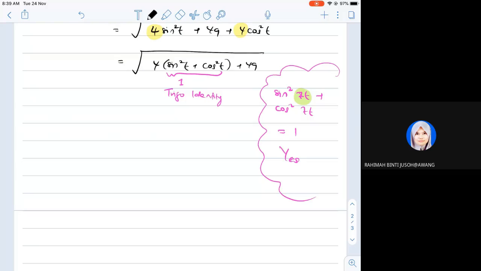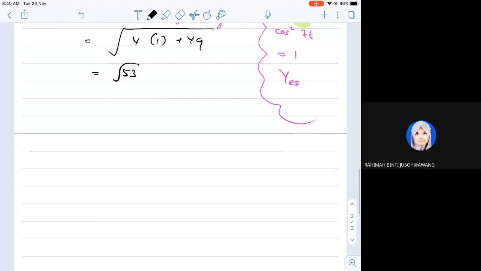Good. So next we proceed. Here we will get the square root of 4 times 1 plus 49, because we already get 1. So 4 plus 49 gives 53, the square root of 53.